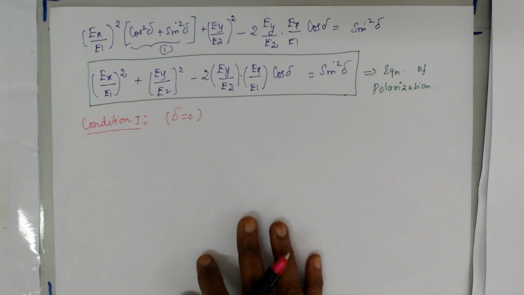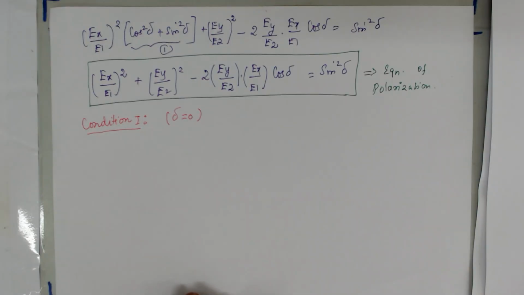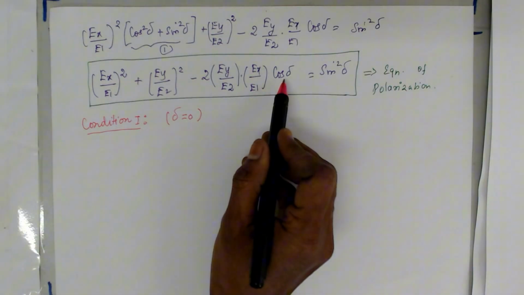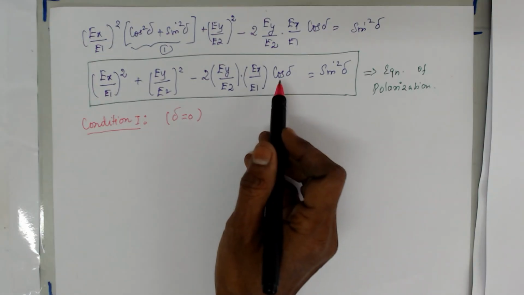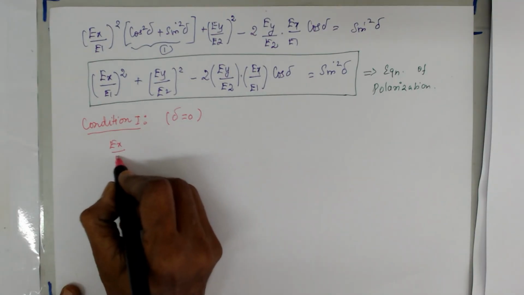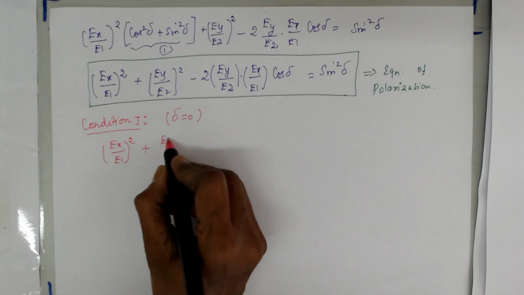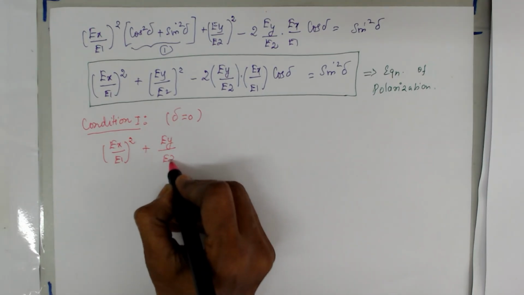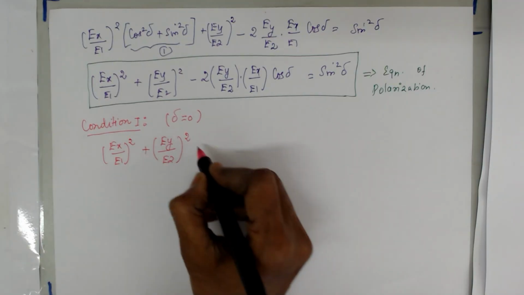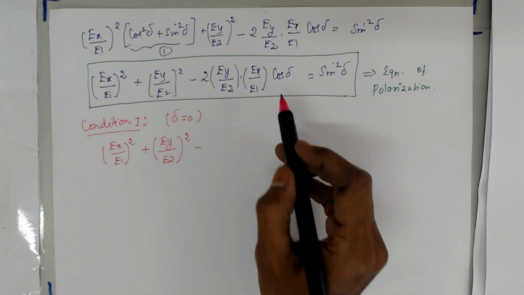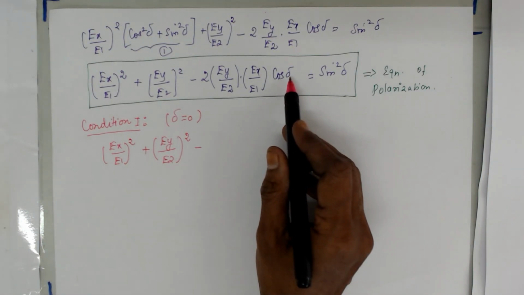Let us check whether the polarization is linear. So substitute delta equal to 0 in this equation. We have (Ex divided by E1) the whole square plus (Ey divided by E2) the whole square minus, cos delta, cos 0 is 1.